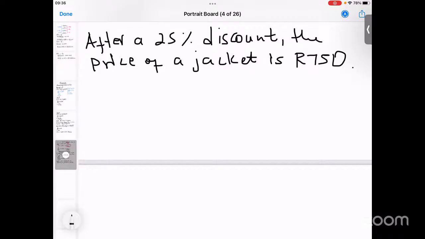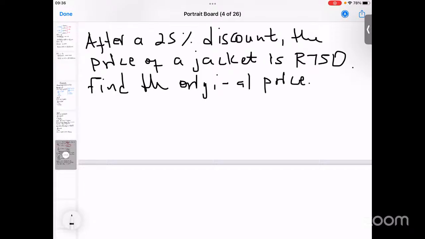Now they are saying find the original price. Bit of a tricky question there. After a 25% discount, the price of a jacket is 750. Now they say find the original price.